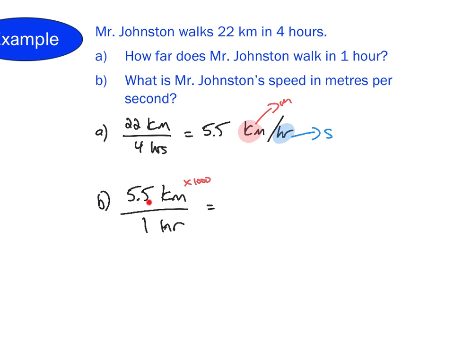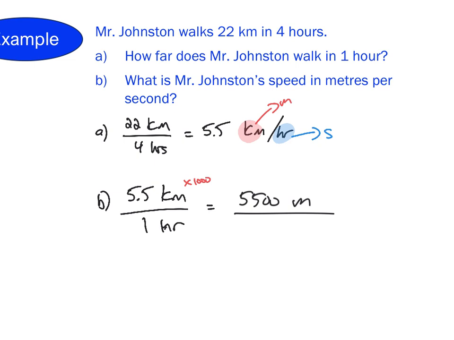If I move it 1 spot, I get 55. If I move it 2 spots, I get 550. Good. And if we move it a third time, we get 5,500. Beautiful. So we get 5,500 meters on top. Now we have to turn hours into seconds.